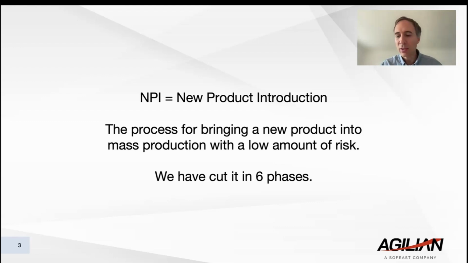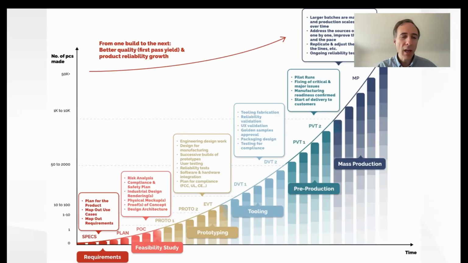And we like to cut it in 6 phases. Now, we have another video where we go into this in details. You can find it on our website. So, basically, number one is to document the product requirements, so we know actually what it should do and what is the typical use case and how it's going to be used and so on and so forth.